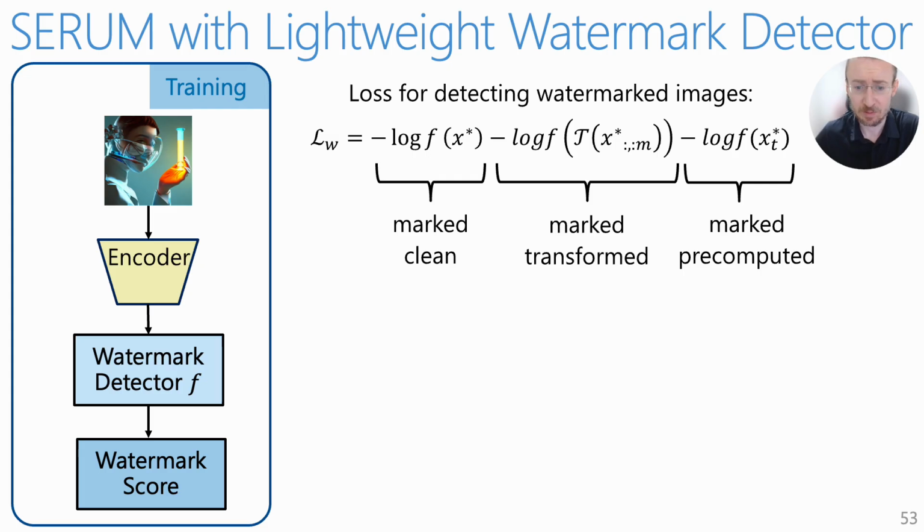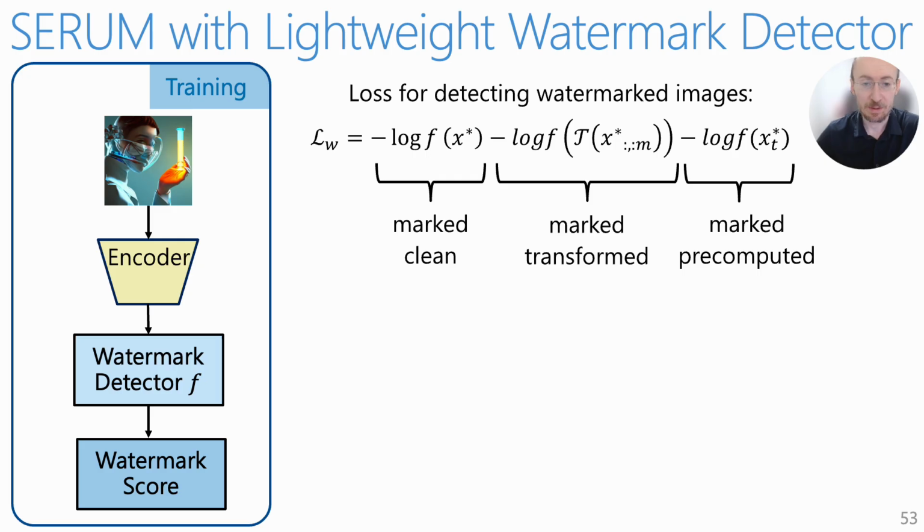The second term is minus log of f of tau of x star, for watermarked images perturbed with a random image transformation tau, or t, sampled from an augmentation sampler. This is just to add some augmentations to the given image, to make sure that the watermark is detectable even if we perturb the image with some transformations.